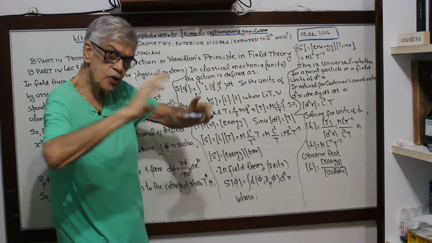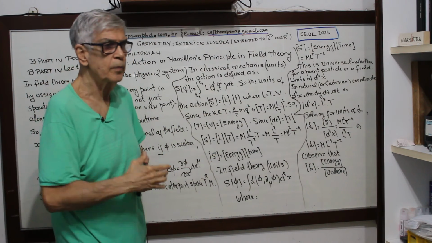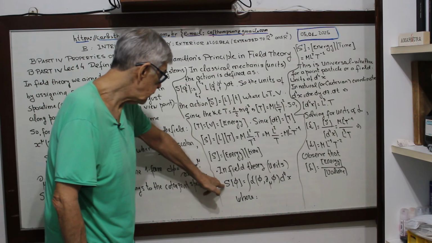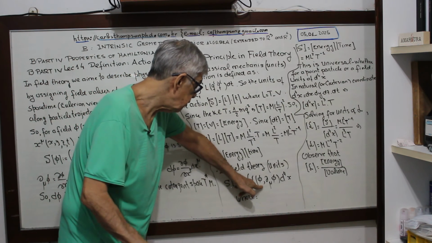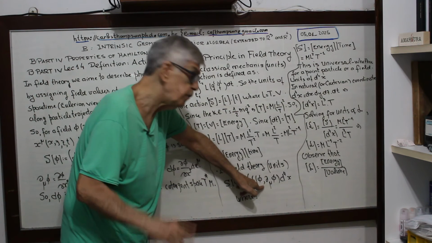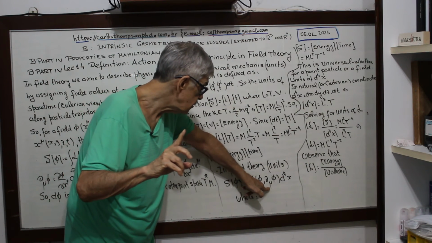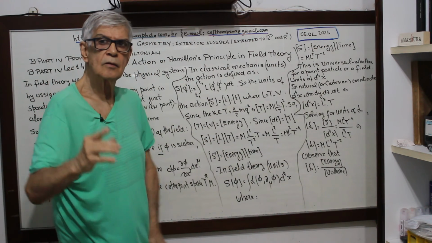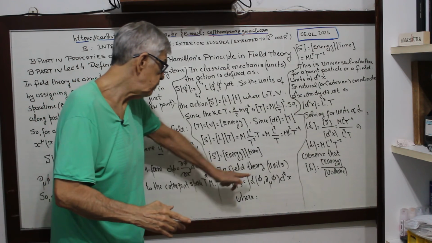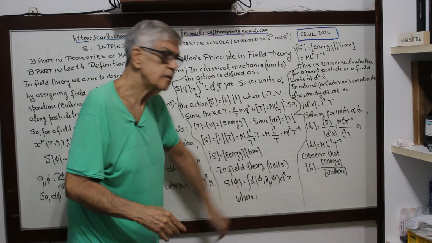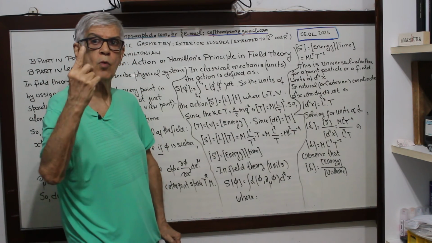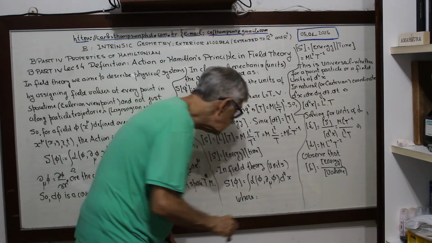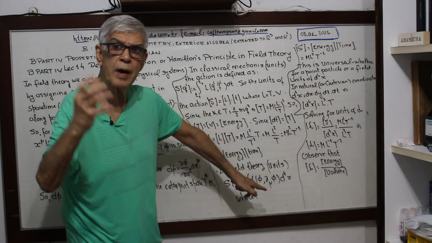Now in general, in field theory, of which classical mechanics is a particular case, S of phi is the integral of the Lagrangian of phi and its gradient. If phi is a scalar, the gradient of phi is a one-form, since the derivative increases the order of the tensor by one. And this is d4x, a volume times time.